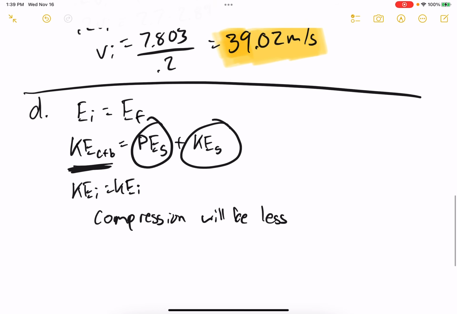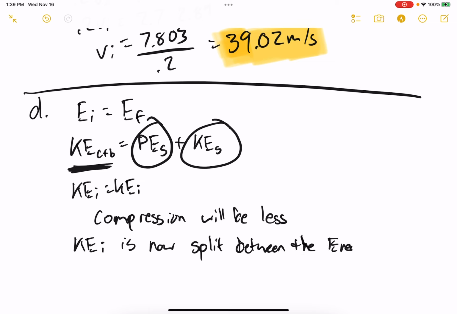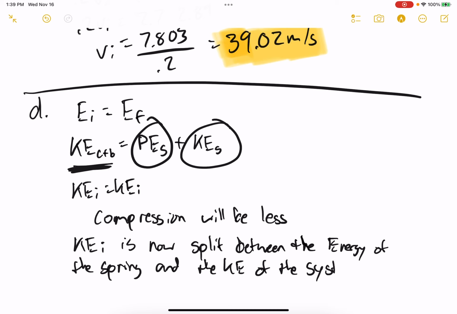It should be less because the kinetic energy initial is now split between the energy of the spring and the KE of the system.